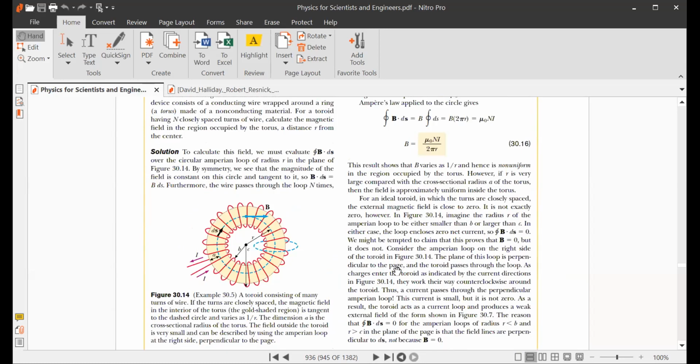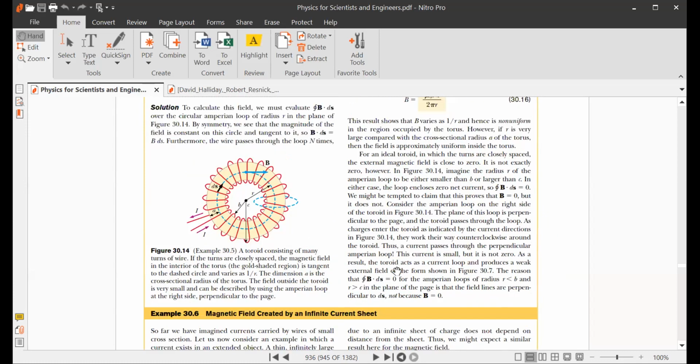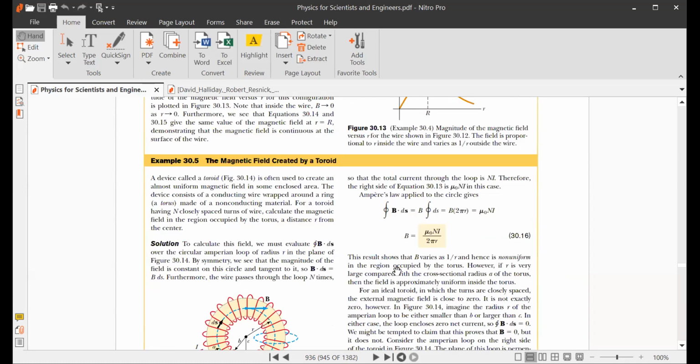For example, we have the toroid. A toroid is a device that is circular. It consists of a conducting wire wrapped around a ring, a torus. So you have a torus, and then you wrap this torus with a conducting wire. That's a toroid.